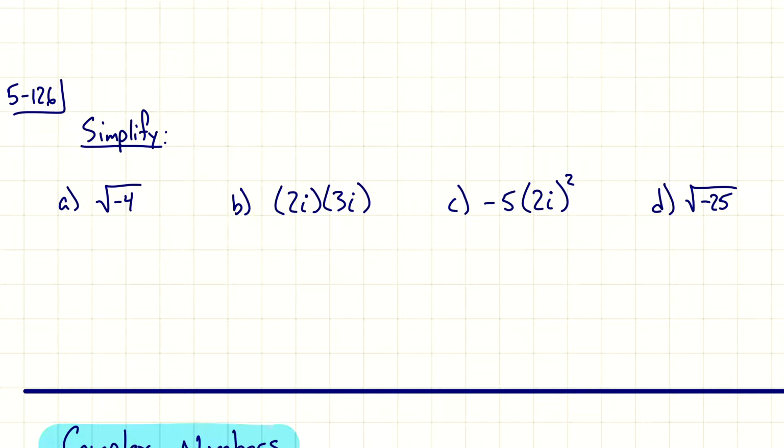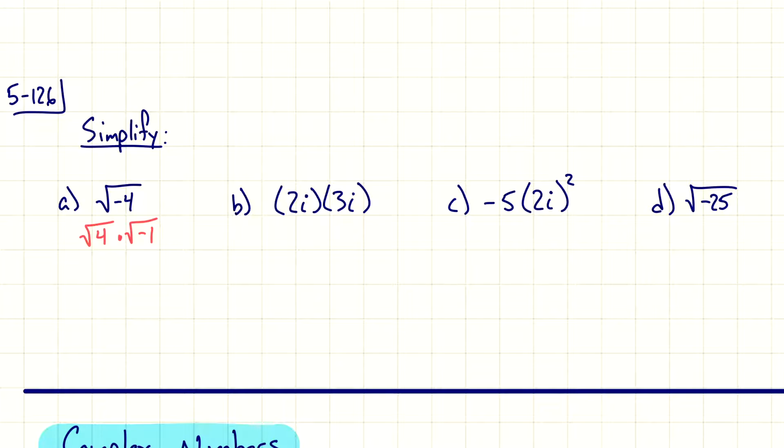All right, so I'm going to start working this one out. Square root of negative 4, this is very similar to the problem we just did. What I'm going to do is separate these. I want to have my square root of 4 times the square root of negative 1, right? I'm just separating the negative 1 from the rest of the number.